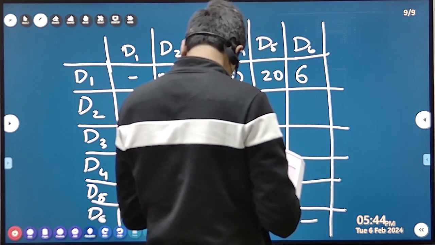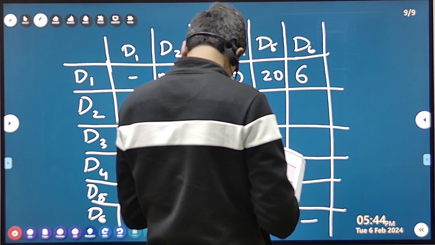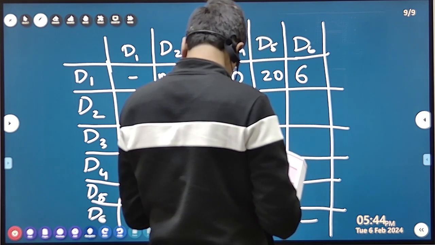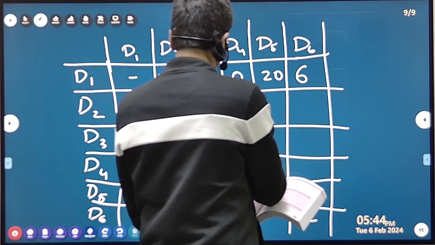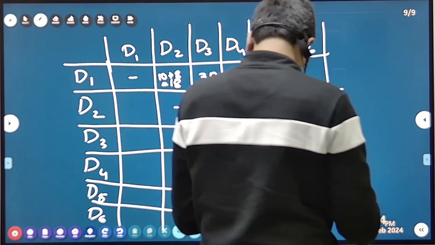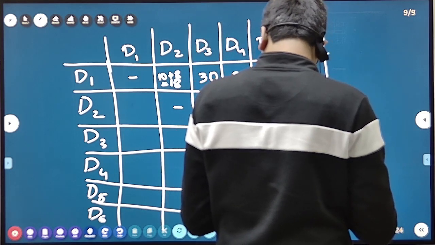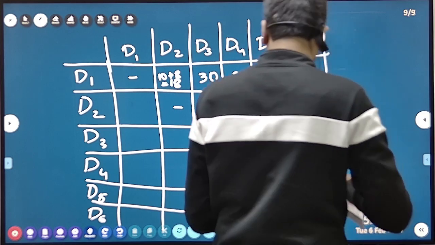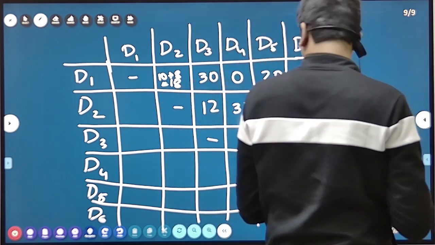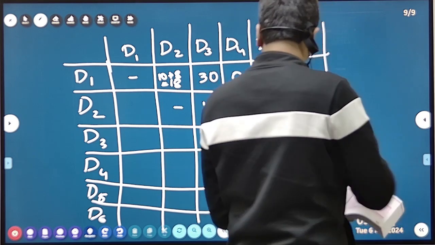D4 and D2, it is 10 plus 25, so 35. D5 D2, 0 plus 10, that is 10. D6 and D2, it is 2 plus 6, that is 8.